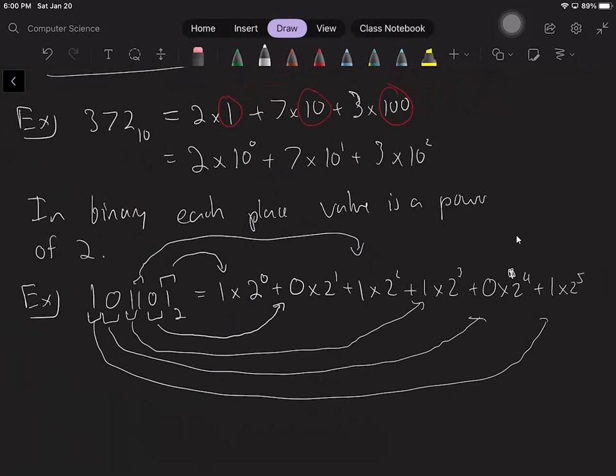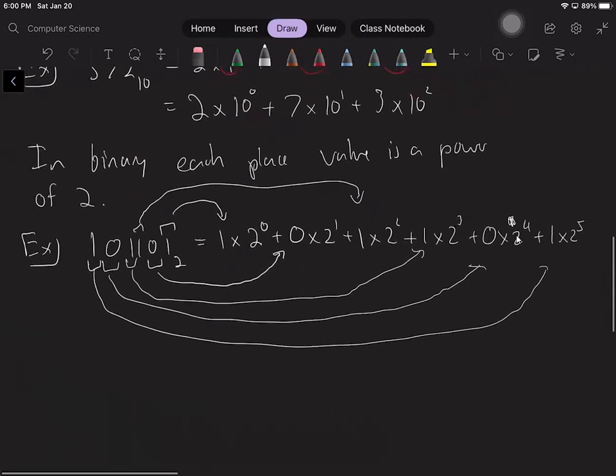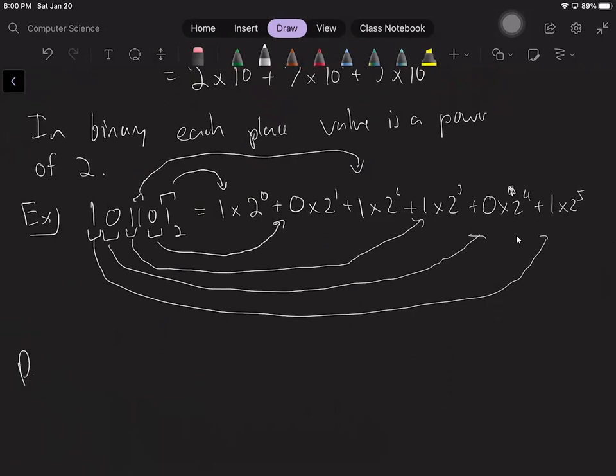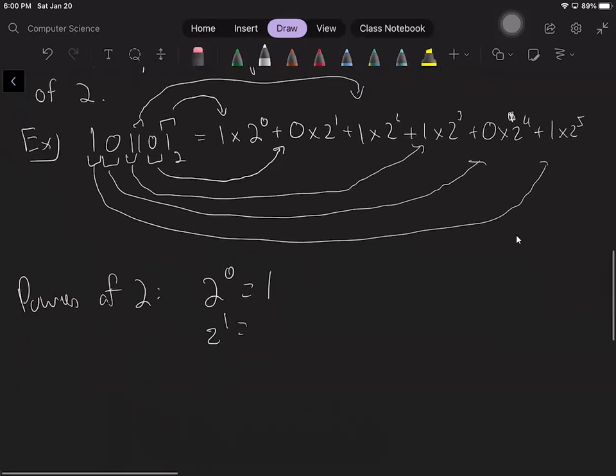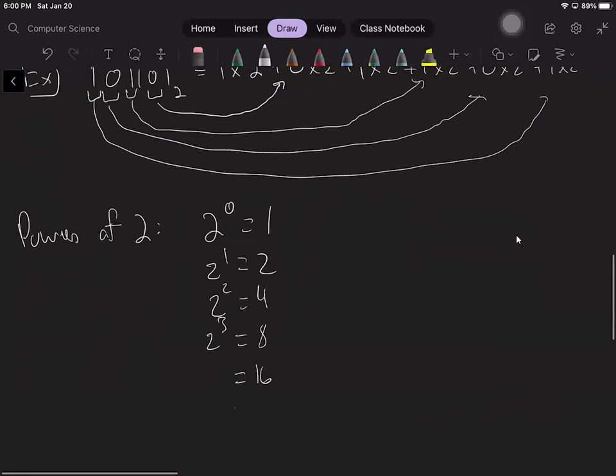Now, if you know your powers of 2, you can do this much faster. So powers of 2 are: 2 to the 0 is 1, 2 to the 1 is 2, 2 squared is 4, then you get 8, then 16, then 32, and so on like that.